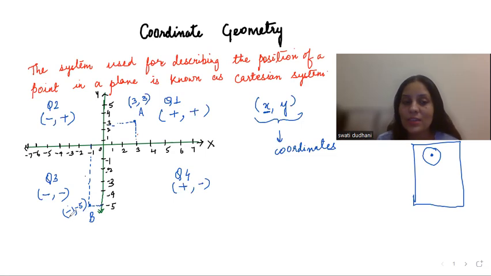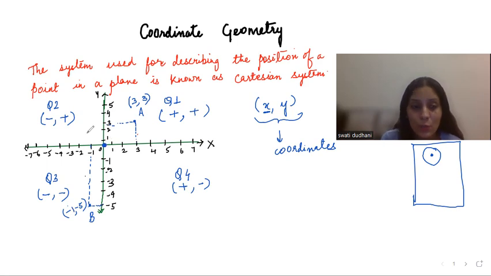So the point is -1, -5. So this was all about the Cartesian system, the number of quadrants it has, how to plot the points, and everything.